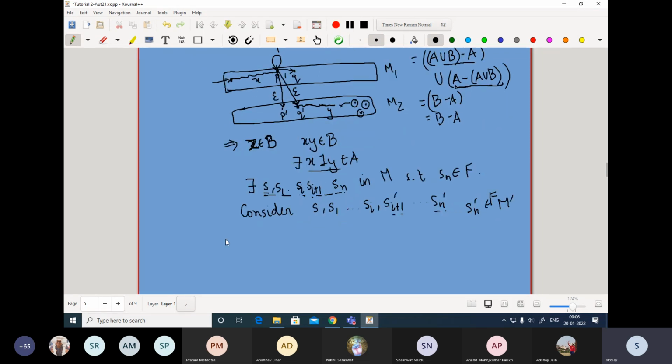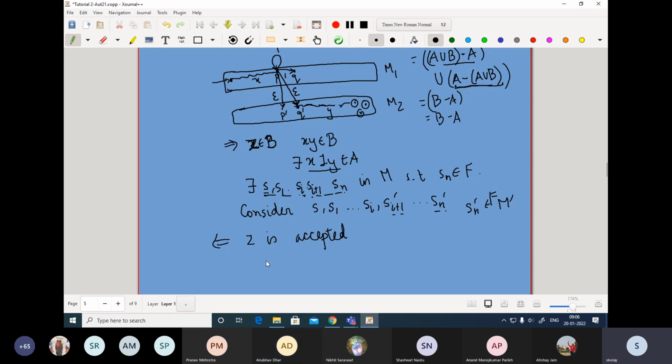Other direction, suppose Z is accepted. Since there cannot be a path from Sj' to Sk, because all the transitions are from M1 to M2 or M1 to M1 itself or M2 to M2 itself, we can assume that the path looks like the above path S1 to Si.